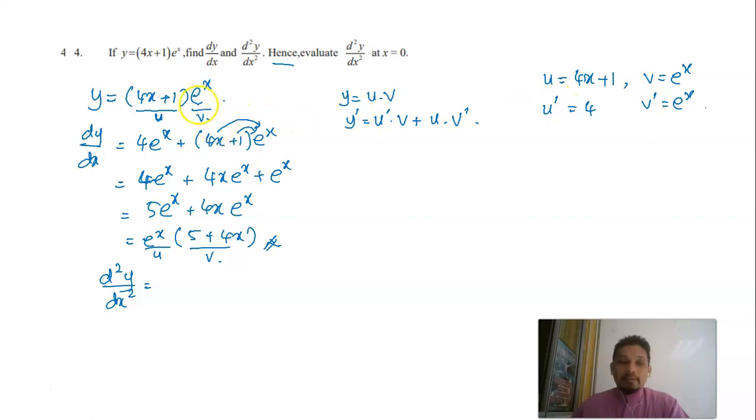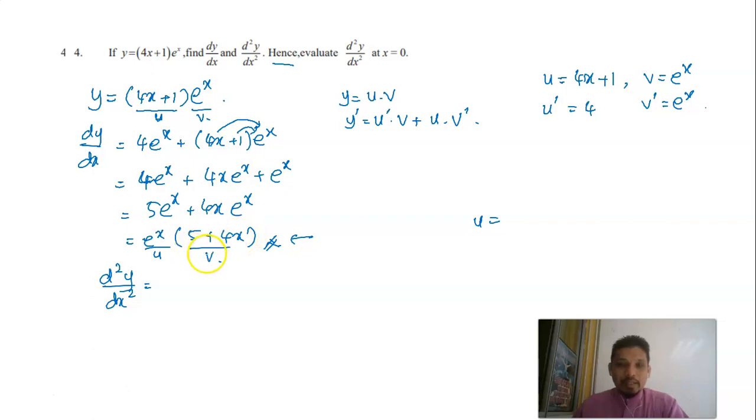From dy/dx, as you see on the screen here now, we define this as u or v, or the other way around. It's all up to you then. You can define e to the power of x as u or 5 plus 4x as u. It's all up to you.